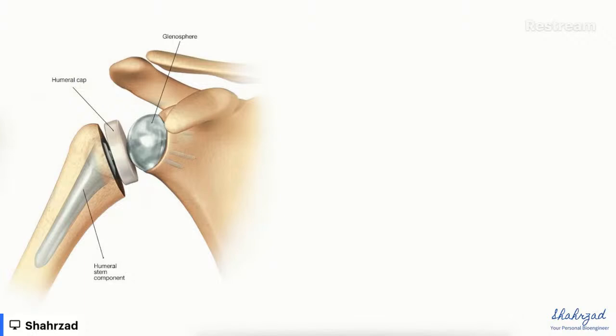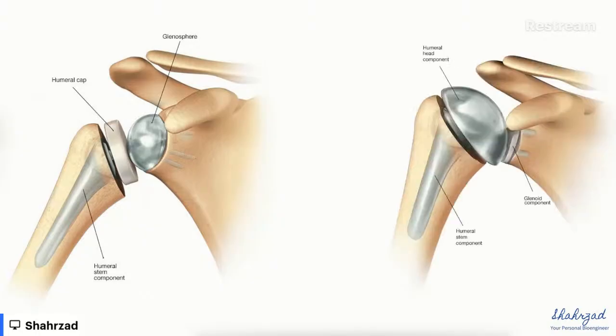And now comparing component names in the two systems in terms of conventional and reverse shoulder replacement. So if you look at this one right here, we have glenosphere right here in the reversed shoulder replacement system. We have humeral cap, which is a polyethylene component, and humeral stem component right here as well.